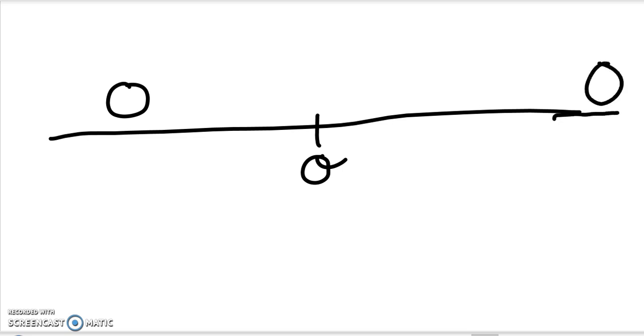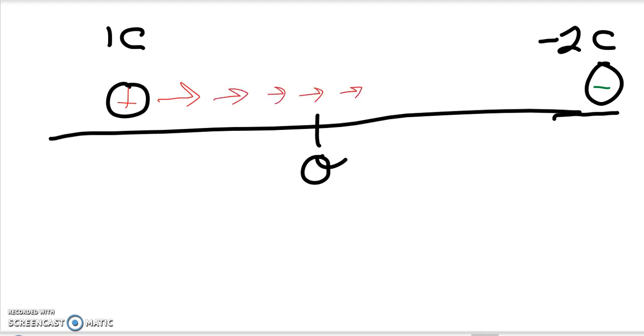So here's my positive charge, this is 1 coulomb, and here's my negative charge, this is negative 2 coulombs. What are the field lines going to look like here? They're going to look something like this, and they'll get weaker as we go out.